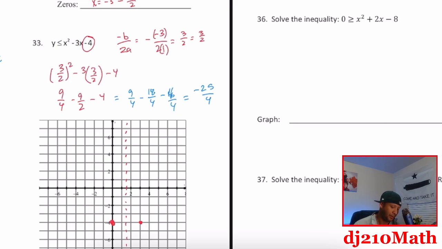But no, negative b over 2a. Yeah. I mean, even if I factored it, that would give me the 3 and 1. No, it wouldn't. Anyways, all right. So negative 25 over 4. What's that? It's not quite 6. So 5 something, 5 point something.